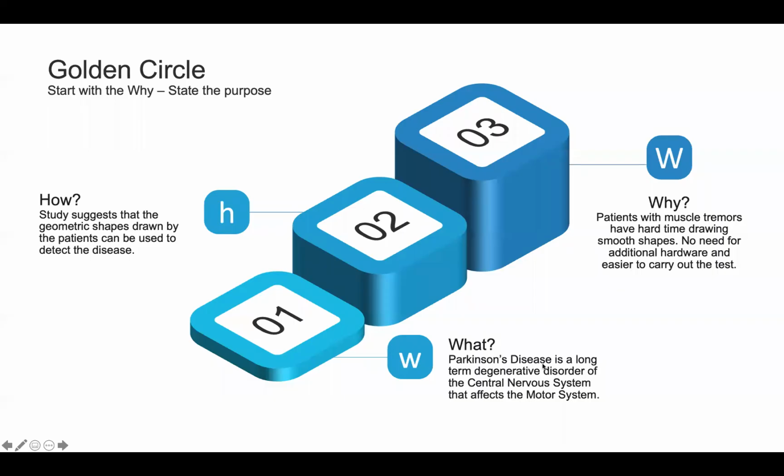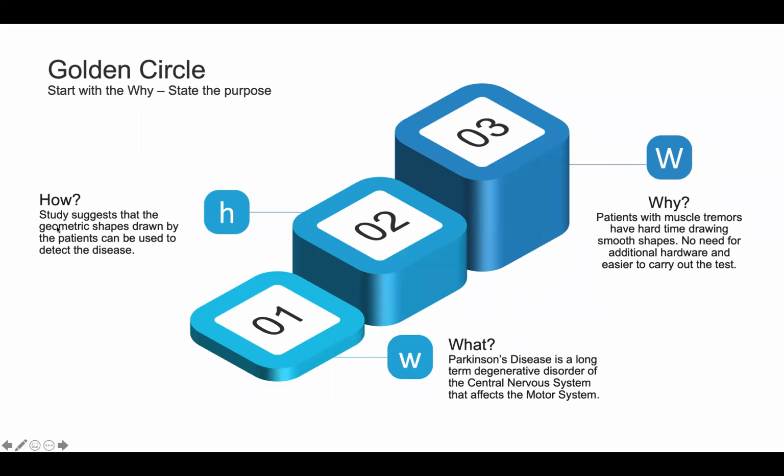Parkinson's disease is basically a long-term degenerative disorder of the central nervous system. It will affect your motor system. The motor system is nothing but the movement of your limbs, hands and legs. So you have to understand what you're trying to solve, and then you have to understand how you're trying to solve this particular problem.